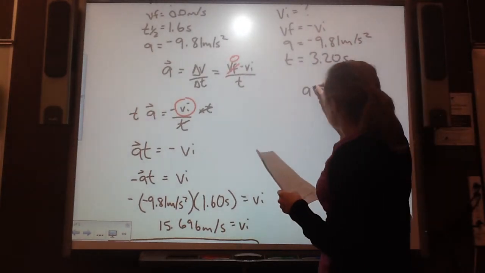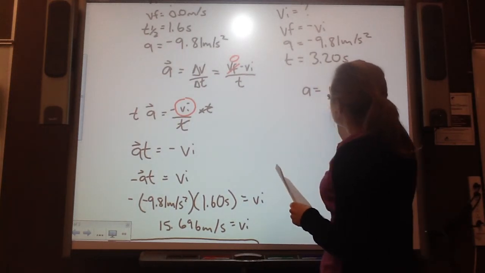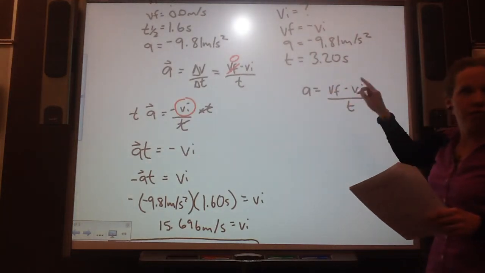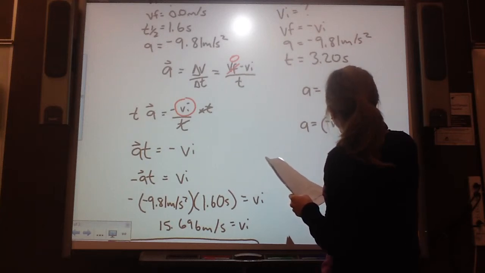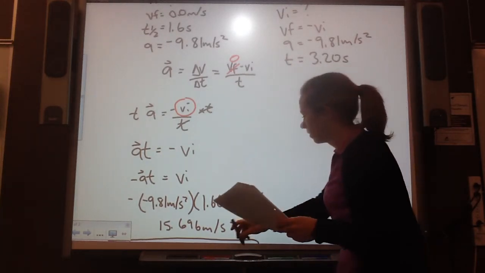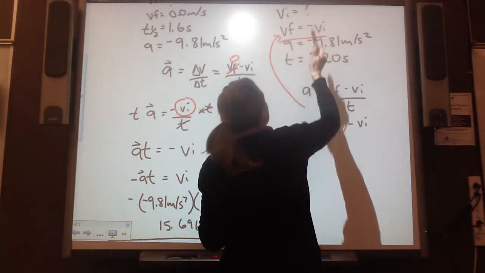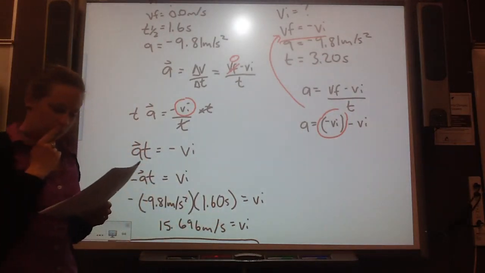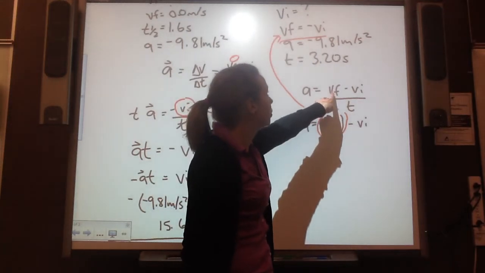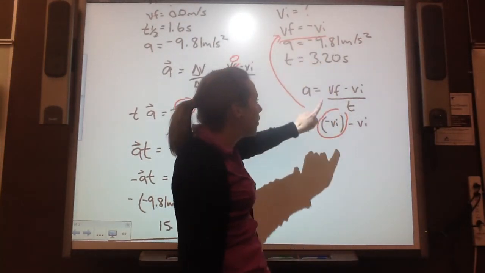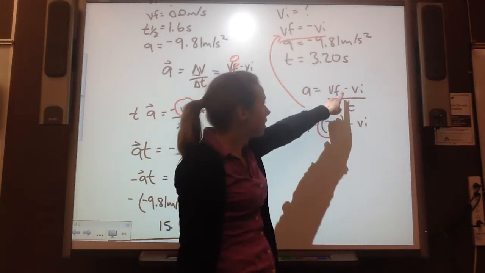So I still use the same formula, VF minus VI divided by T, but I'm going to substitute what I know VF is equal to. So A is equal to negative VI minus VI, all divided by time. This came from saying that VF is equivalent to negative VI, so I put that in where I had VF, and then I still say minus VI.